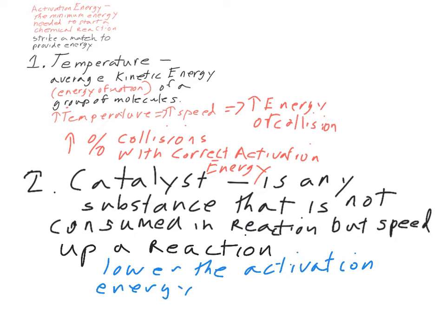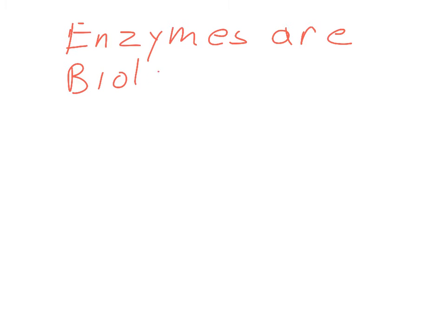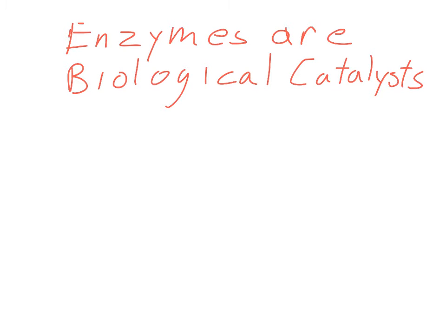If you've ever heard somebody use the term enzyme, enzymes are biological catalysts. In other words, enzymes are chemicals that speed up the rate of reactions inside your body or inside the body of an organism.